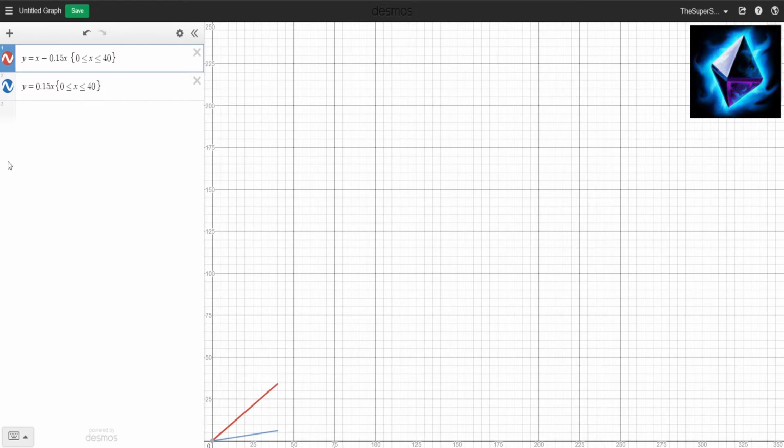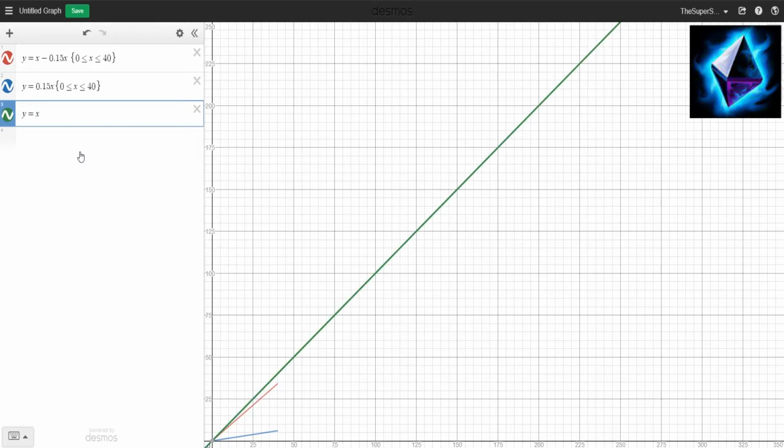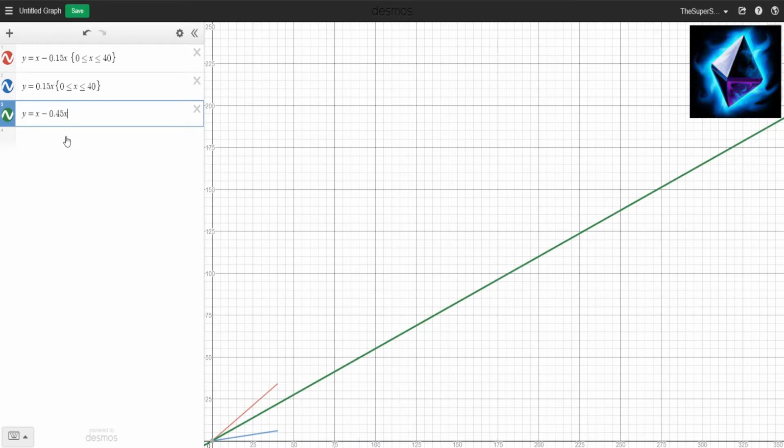Now the next section that we can do, which is also fairly easy, is if we look at more than 200 protections, and you get 45% penetration. So again, you have Y equals original protections minus that 45% of X. And this time, it's not the value between down here, it's for anything from 200 up to 325.